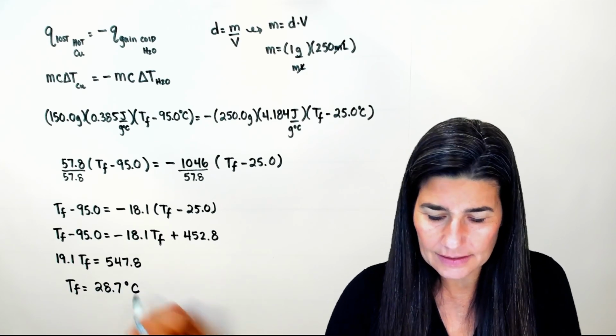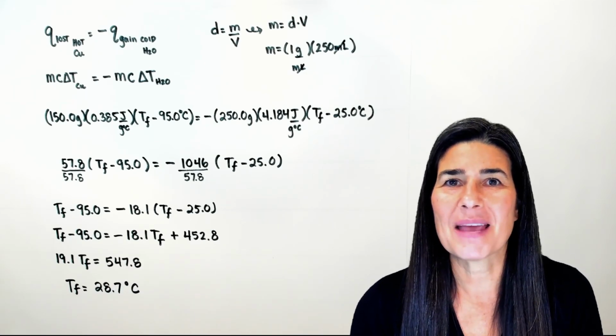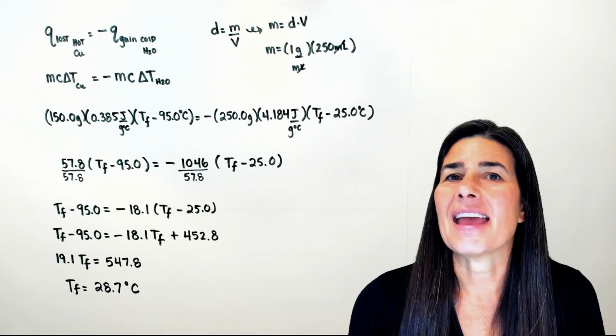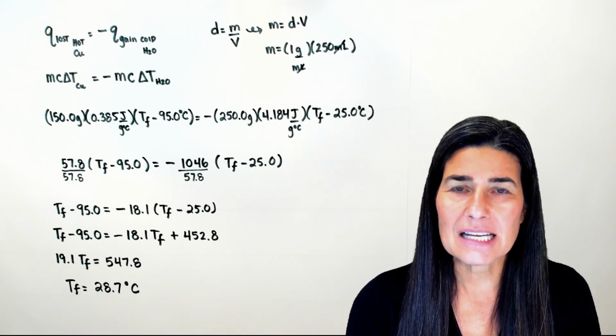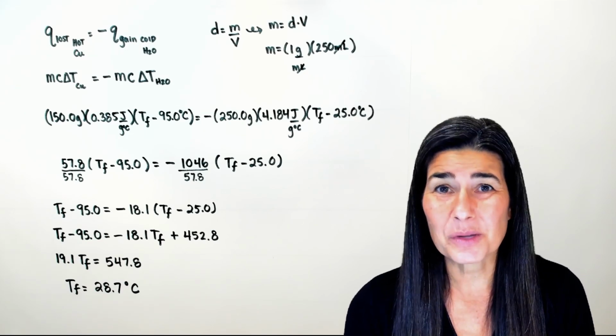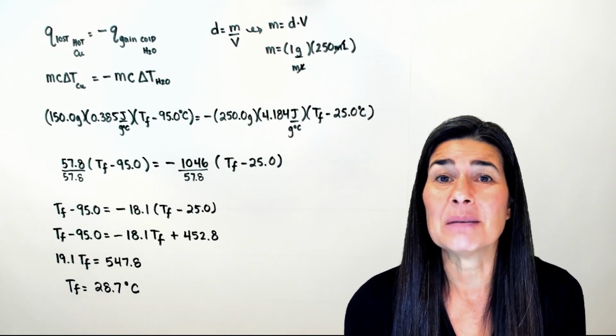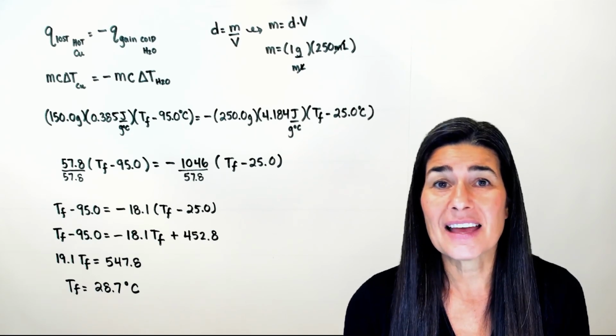And if we do that, we get a final temperature equal to 28.7 degrees Celsius. Now, you always want to do a double check and ask, does this make sense? If an object at 25 degrees meets an object at 95 and achieves thermal equilibrium, that thermal equilibrium temperature has to be somewhere in between 25 and 95. Those are the extremes.